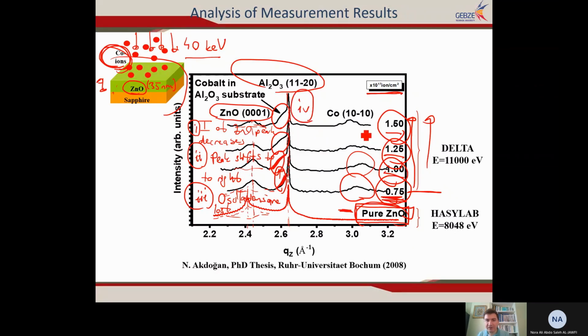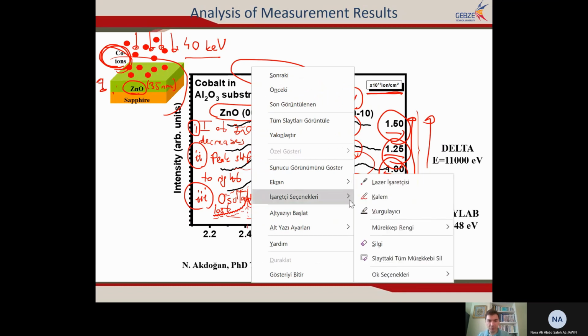And we have here an additional peak which is present in all cobalt implanted zinc oxide materials. And what about this peak here? This is the fifth piece of information from this data. At least 5 situations can be discussed here. So let me start from the first one.